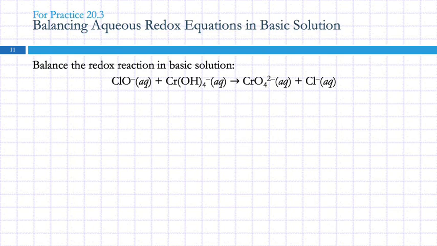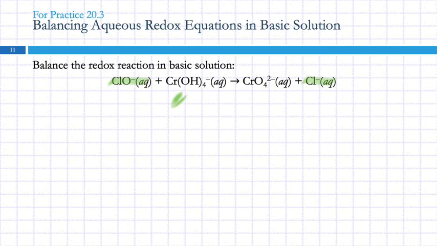First thing is to make 2 half reactions. So here I have ClO, and that must pair up with the Cl, right? And then this chromium compound or ion is going to go with this chromium ion.